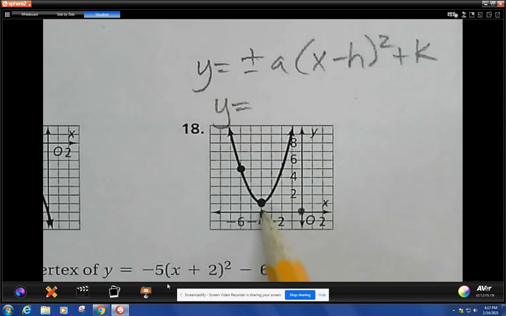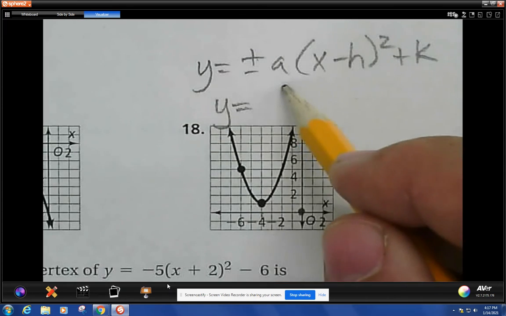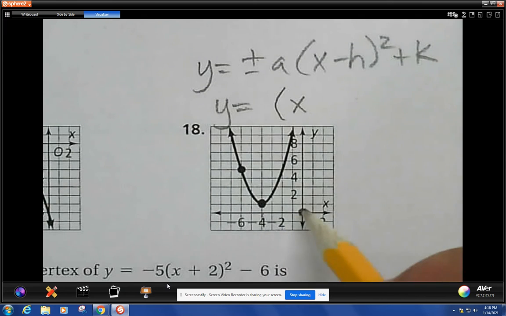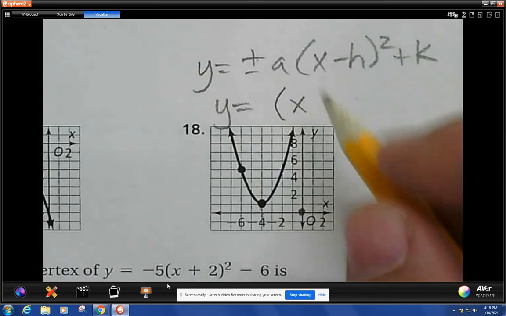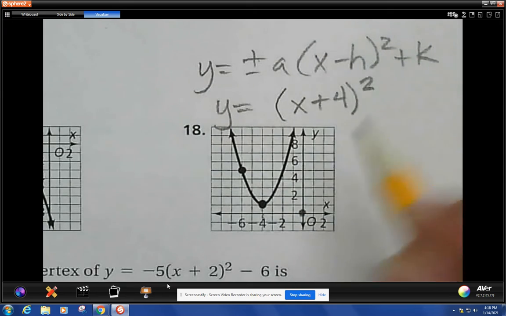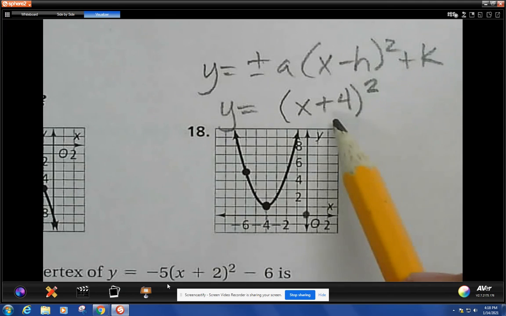So if it went to the negative direction, to -4, then what do you think we need to write up here? So it does have a horizontal change. So we're going to go ahead and say x something, but instead of going to the -4, it is actually +4, okay? So (x plus 4) squared, because the horizontal change is opposite of the way we think.